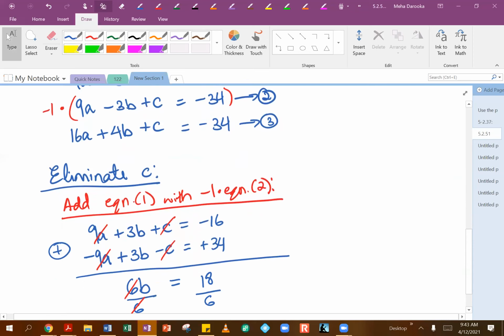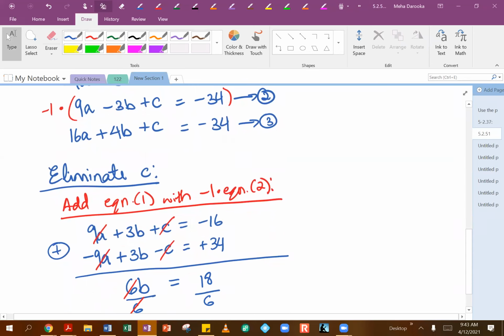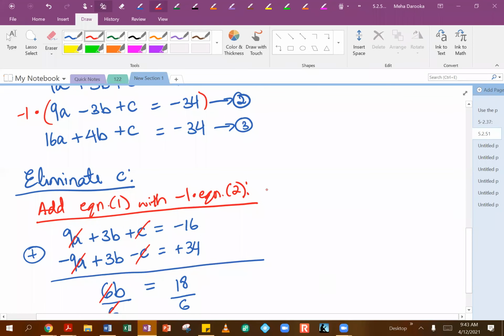So let's go ahead and keep this calculation as it is, and so that we can see what we are doing, I'm actually going to try and do this on this side. So now we will go ahead and add -1 times equation 2 with equation 3.